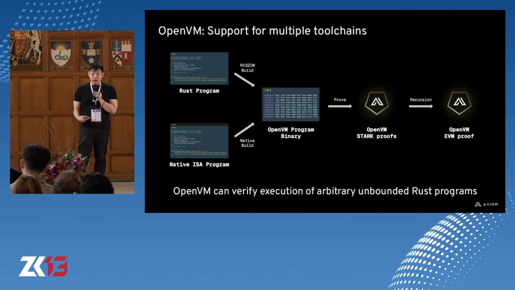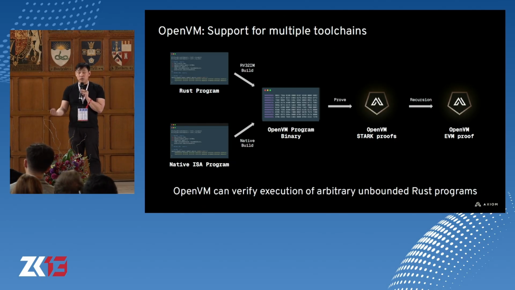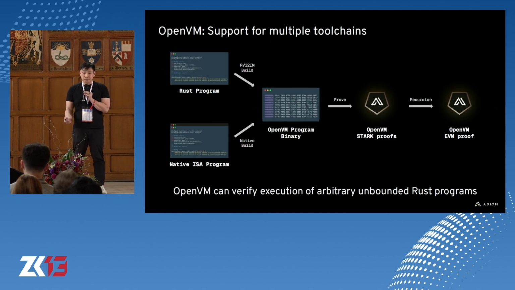Both the Rust and native toolchains build to an OpenVM program binary, after which we have a uniform process of turning them into STARK proofs, applying recursion, and ending up with a proof verifiable efficiently on the EVM. And so in particular, on both toolchains, we support arbitrary unbounded execution.